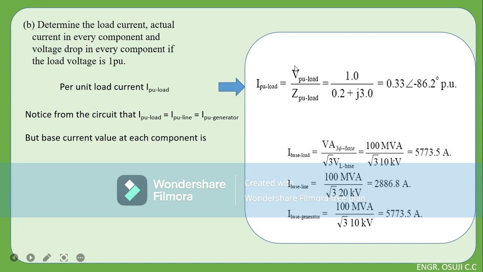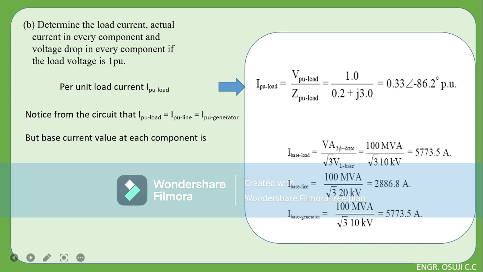I becomes V all over Z, and that's it. And what is our V per unit? That is our voltage in per unit. It is 1.0 like we have here. Then what is the per unit impedance of the load? This is it. And when we do that, at the end of the day, this will be our solution.